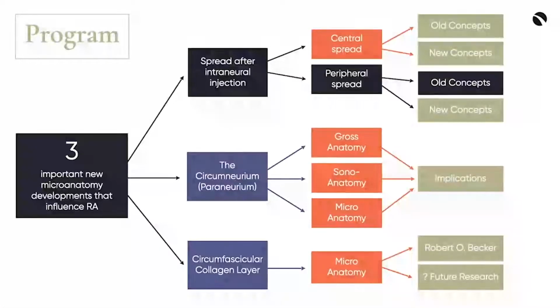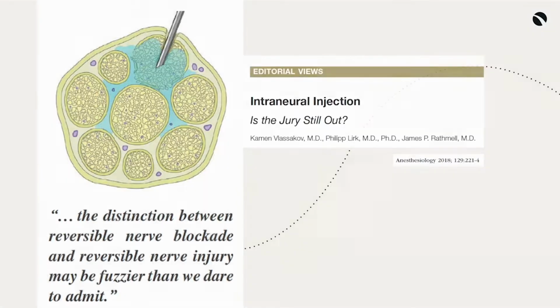Now, how does local anesthetic, or any other fluid for that matter, spread in peripheral nerves? Here are some older concepts. The prevailing wisdom as recently as 2018 was that intrafascicular injections were possible and that it was responsible for nerve injury.